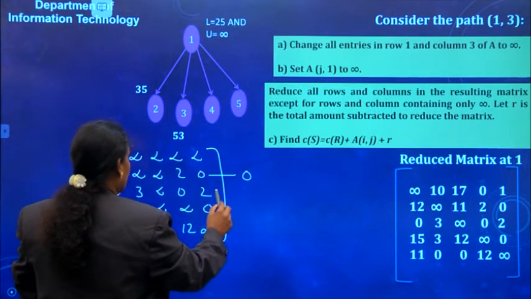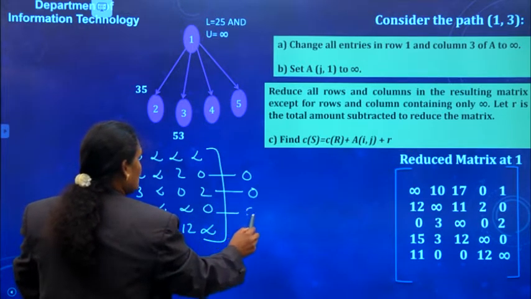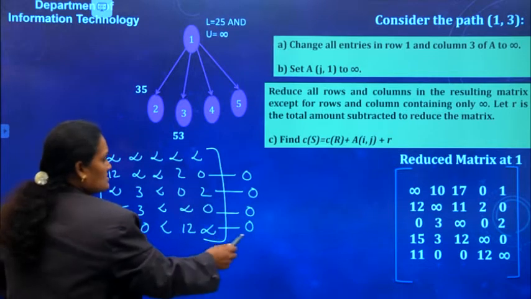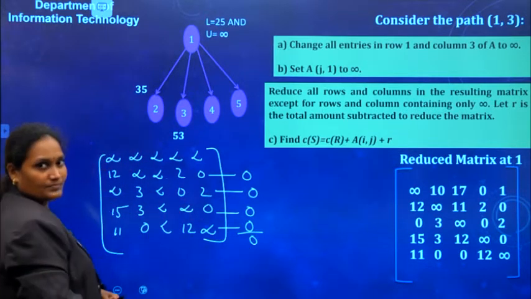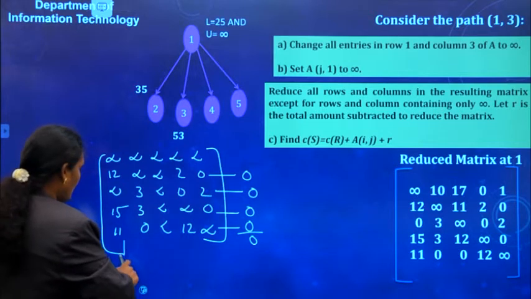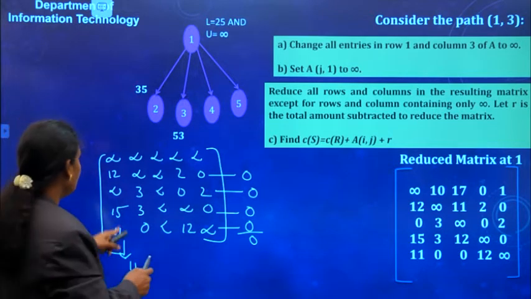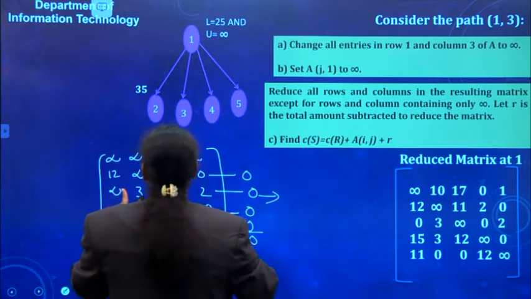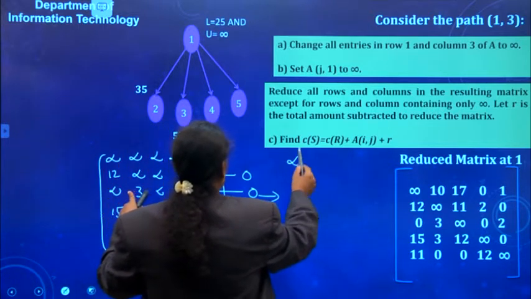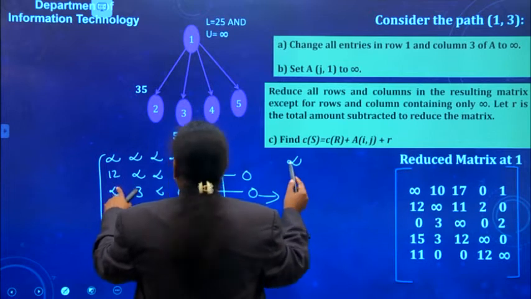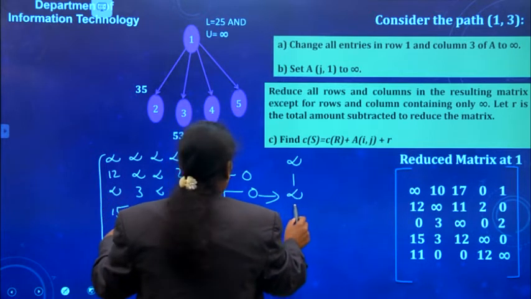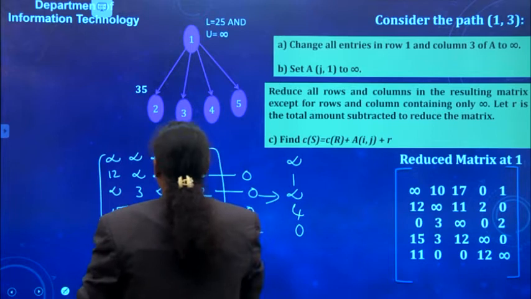Now here the rows already contain 0, so total row reduction is 0. For column reduction, the minimum entry is 11, so the matrix is updated by subtracting 11, and it becomes 1, infinite, 4, and this becomes 0.